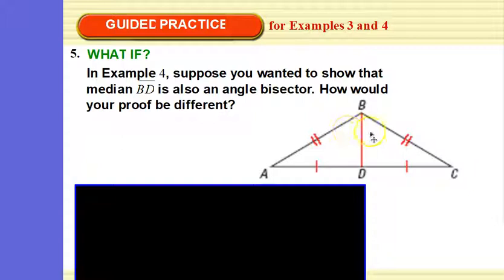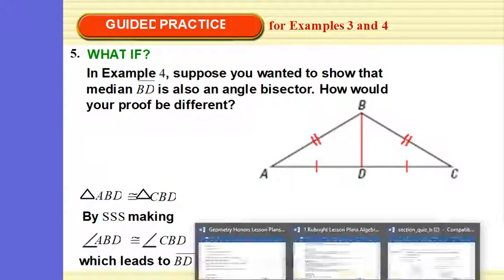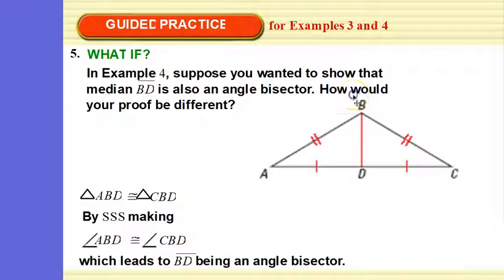Corresponding parts of congruent triangles are congruent. And then because these two are congruent, it's an angle bisector, definition of angle bisector. Done. Right? Sorry. So triangle ABD is congruent to triangle CBD by side, side, side. And then you have the angles are congruent, so making BD an angle bisector, all right?